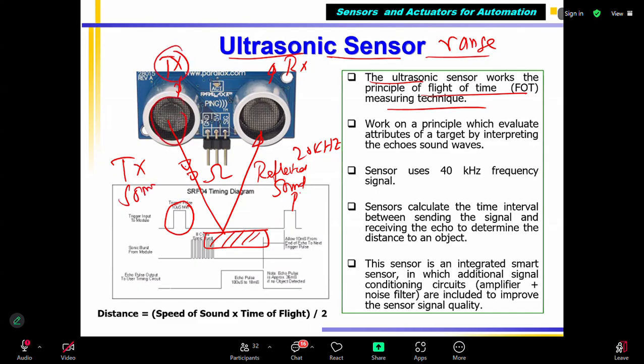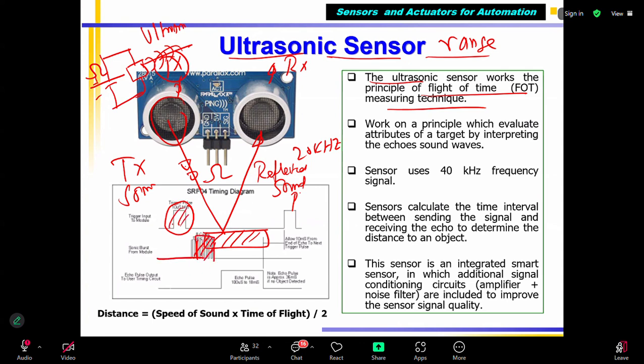The transmitter has an ultrasonic crystal. If I supply a voltage pulse, with plus and minus, the crystal will generate a sound pulse. So the sound pulse will travel, and that pulse is represented here. Now it is traveling, it hits the object and comes back. This is the reflected pulse.